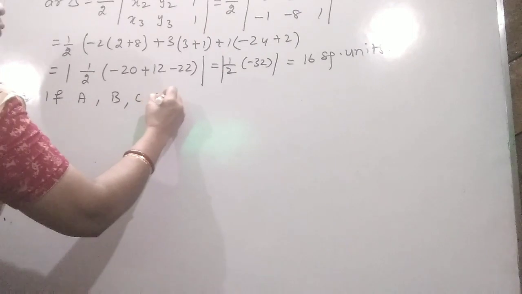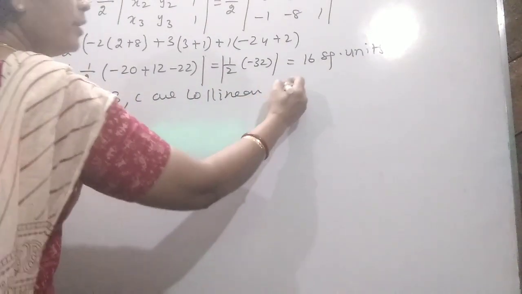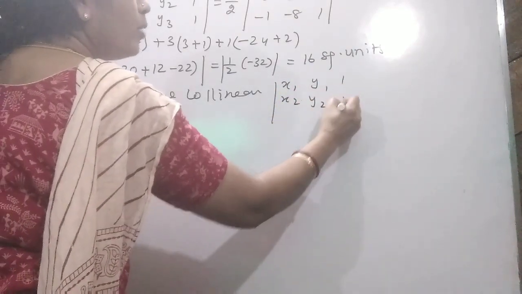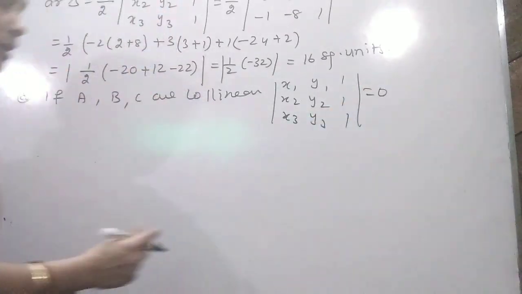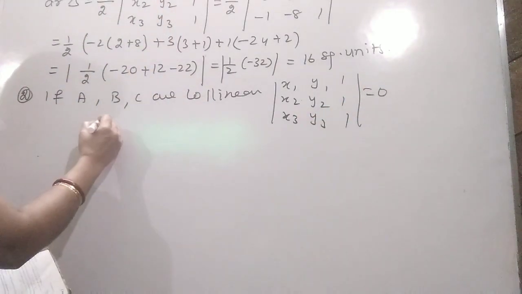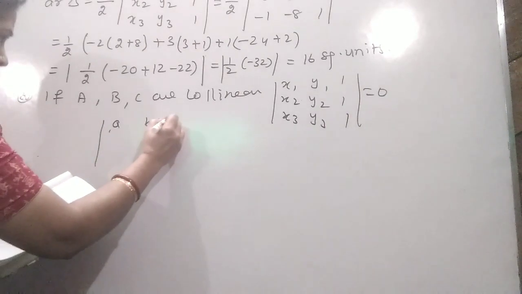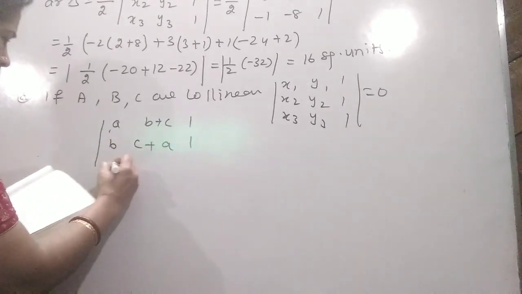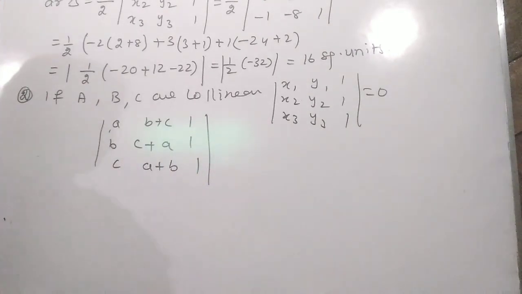If A, B, C are collinear, then the formula I told you is the determinant with rows X1, Y1, 1; X2, Y2, 1; X3, Y3, 1 equal to 0. Here there are 3 points given. Let me explain, then do it as homework. The rows are A, B plus C, 1; then B, C plus A, 1; then C, A plus B, 1, and you have to prove it equals 0.